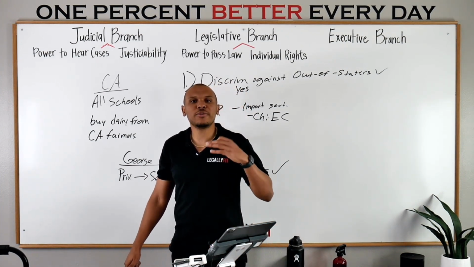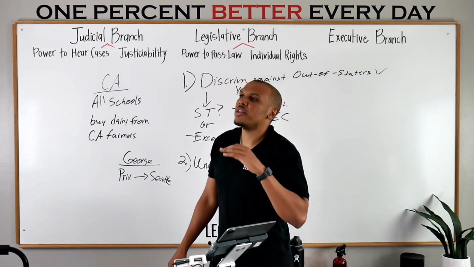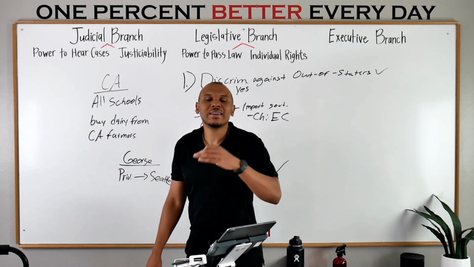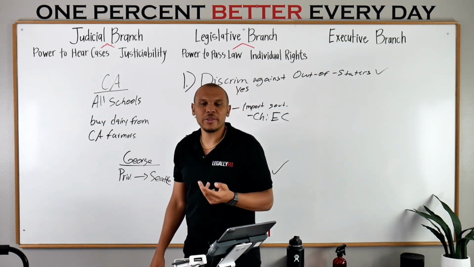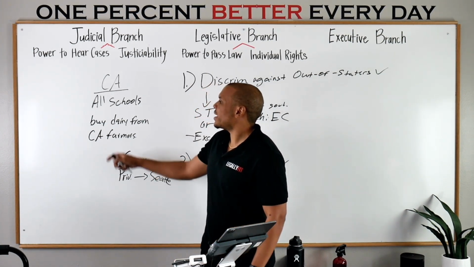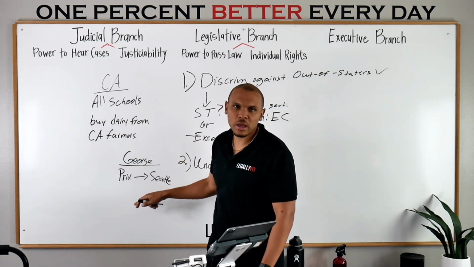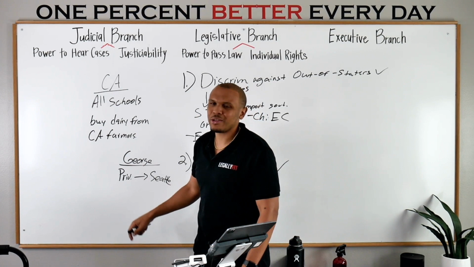But in order to fall within this exception, the California statute must only be directing state conduct. Here, it says all schools. And in fact, we have a private party who's being obligated to also do it. So that's not you doing that.